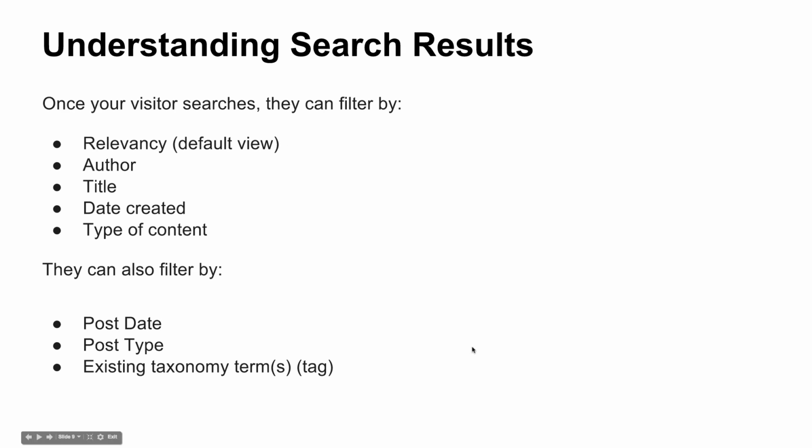And further, you'll see that outside of the main body area, you remember that there were some items that you could filter, or your site visitor could filter through to find what they need. So again, the default view will be the relevancy of that content. They can click on author or title or date created or type of content, looking for what they might need. They can also filter by post date or post type or taxonomy terms.